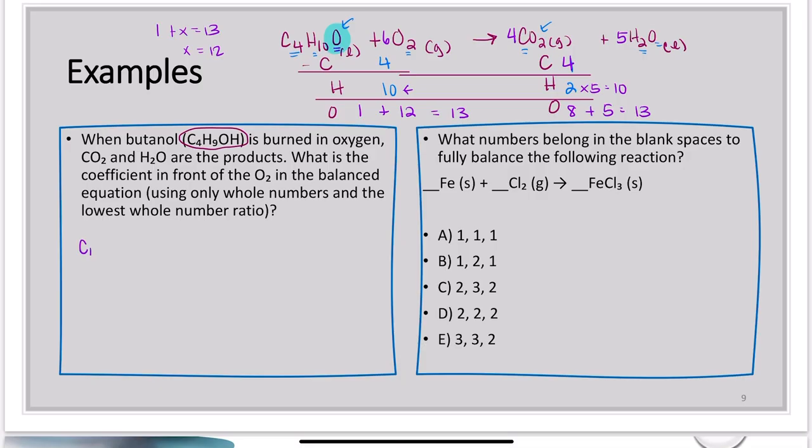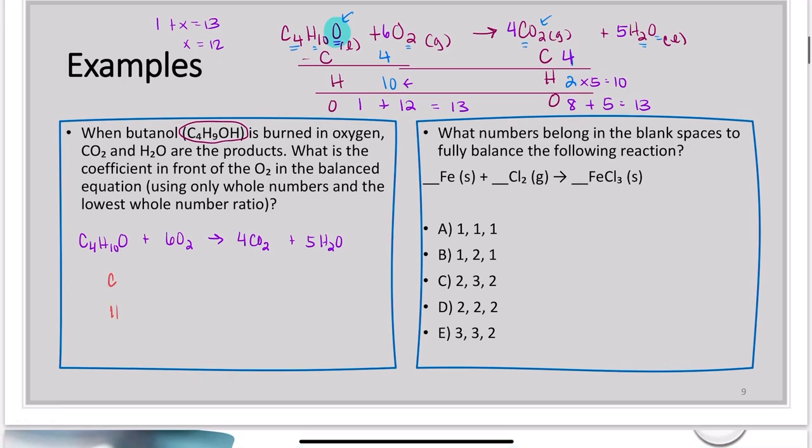Now let's check it. Let's rewrite this and check it. C4H10O, 6O2. I'm going to keep the phases out right now just for space. 4CO2 and 5H2O. Carbon, hydrogen, oxygen. I have 4 carbon, 10 hydrogen, 1 plus 12, 13 oxygen. 4 carbon, 2 oxygen.